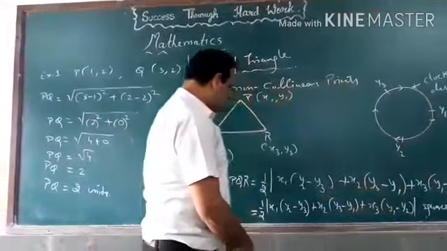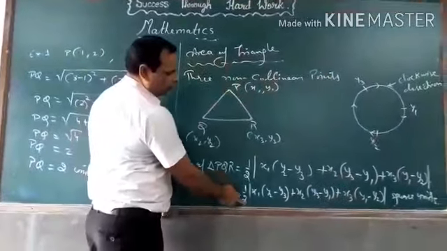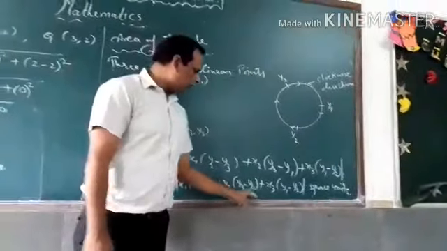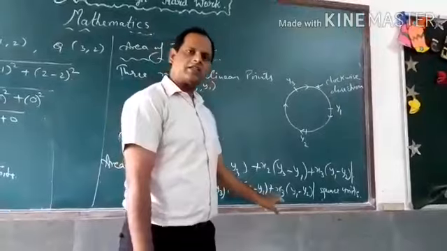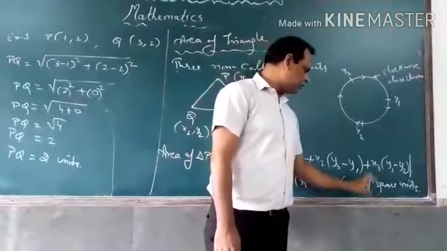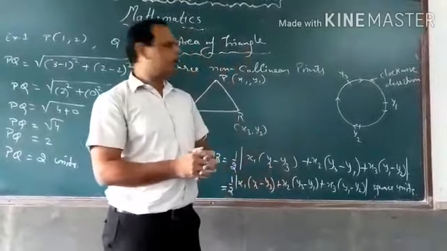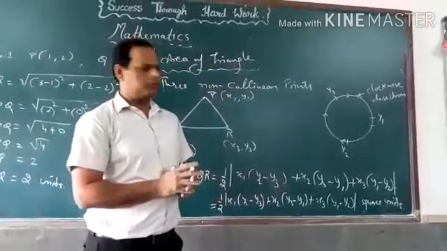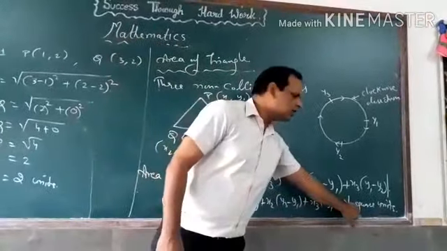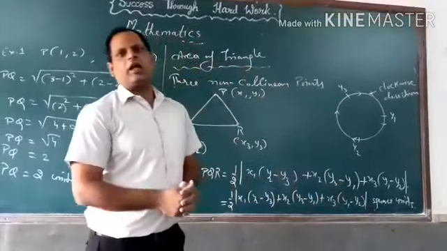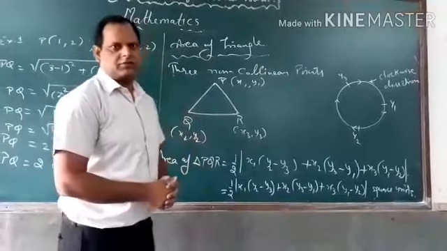So finally we see here 1 by 2 x1 (y2 minus y3) plus x2 (y3 minus y1) plus x3 (y1 minus y2). We see here the modulus sign. Modulus means the area of the triangle is always positive. So when you represent the units here, always write square units. Area is always in square units.